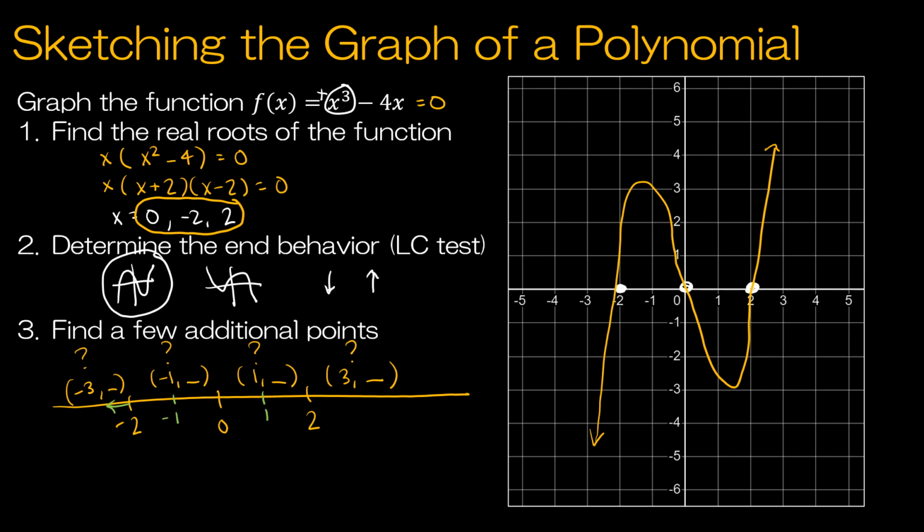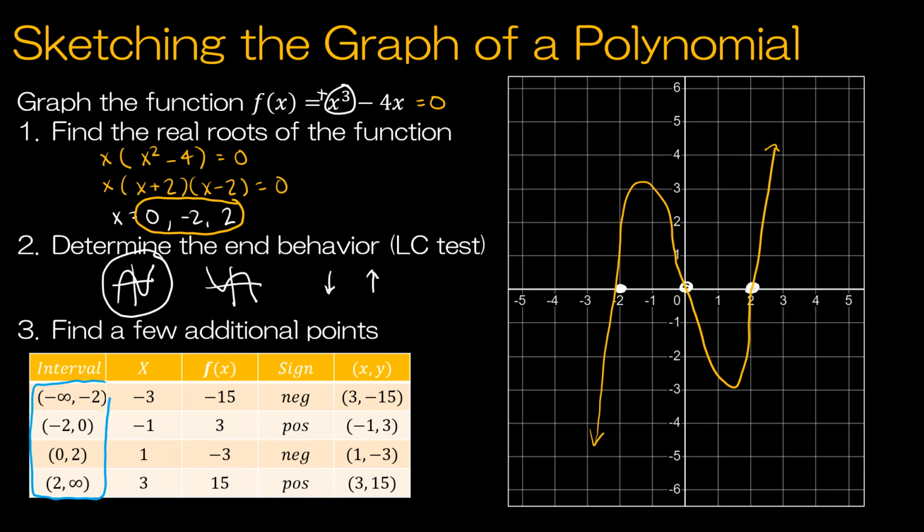I took those intervals we talked about, from negative infinity to negative 2, negative 2 to 0, 0 to 2, and 2 on to infinity. And I used those same x values we talked about. Then I just used our original function, and I just did mental math. If I plug negative 3 into that function, I get negative 15.